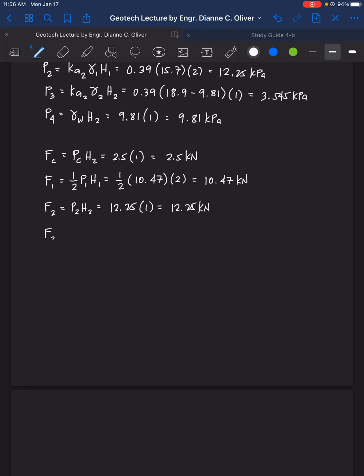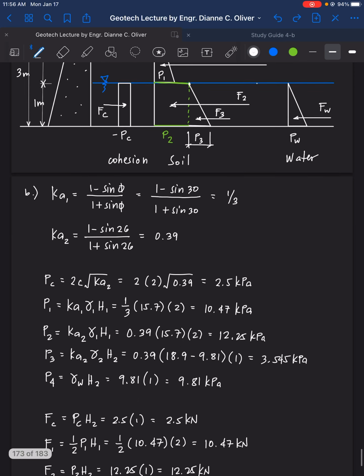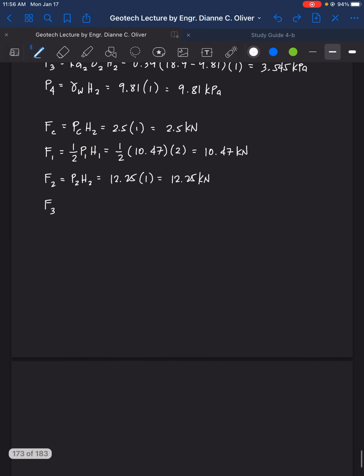kilonewton. F3 is uniformly varying, it's 1/2 P3 times height, H2. So 1/2, our P3 is 3.545 times the height is 1.